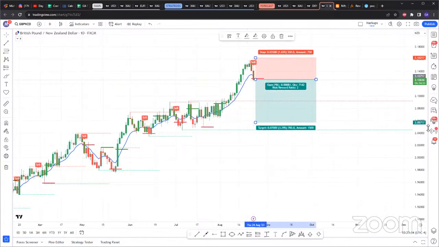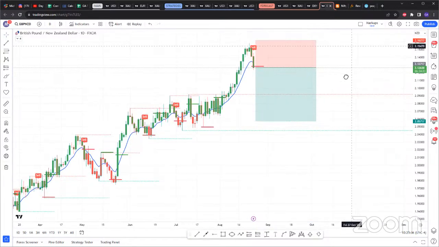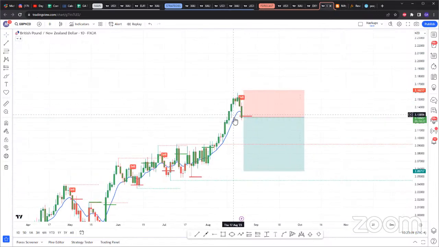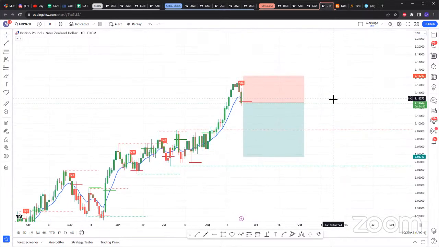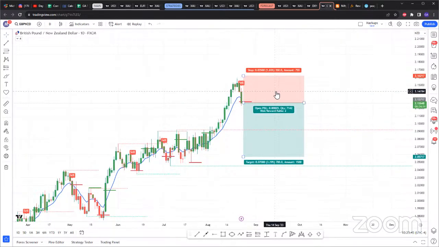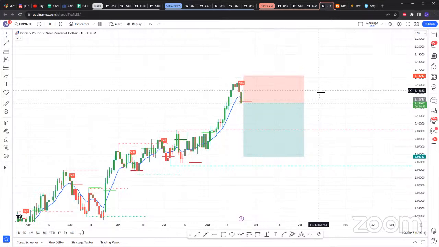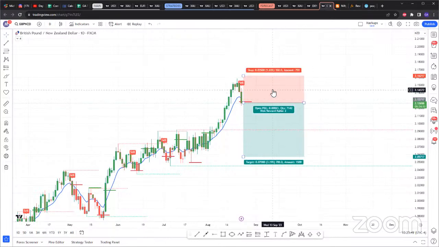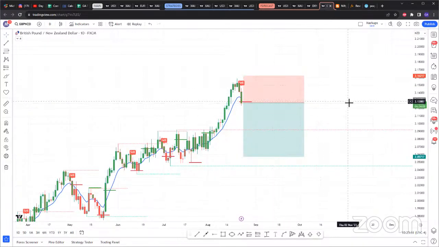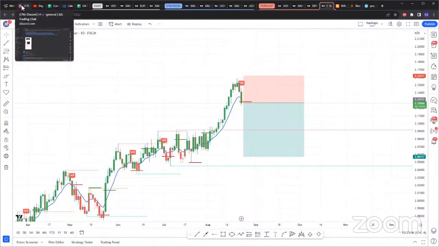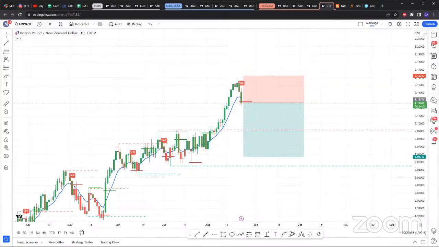If this daily closes either with a sell signal or closes below this, this will be a swing sell for GBP NZD. 350 pips stop loss, 700 pips TP. So this is one. I'll send it.